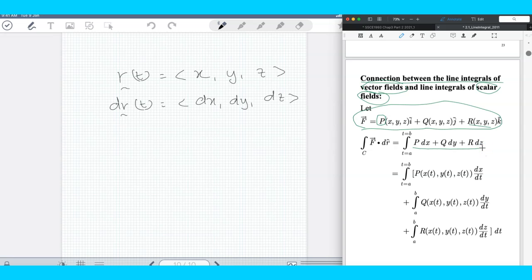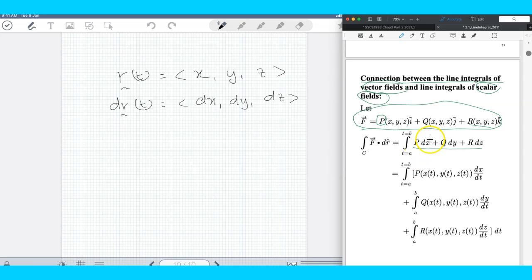Okay, if let's say your r is in terms of t, so normally the vector function is in terms of t, right? In order for you to solve this, because you have x, y, and z all together, it is easier for us to convert all of them, x, y, z, into a single parameter t.